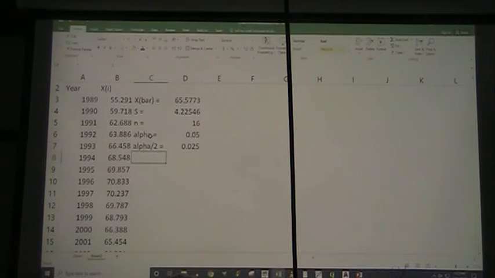And that t of alpha divided by 2 with n minus 1 degrees of freedom is how much?